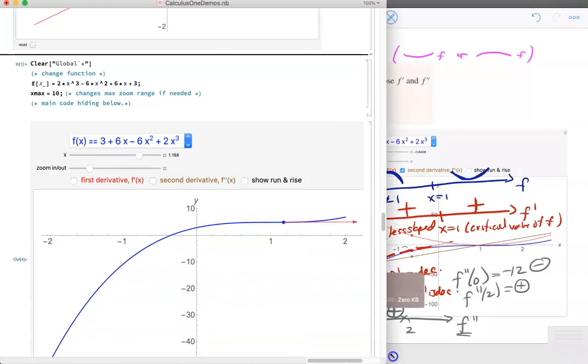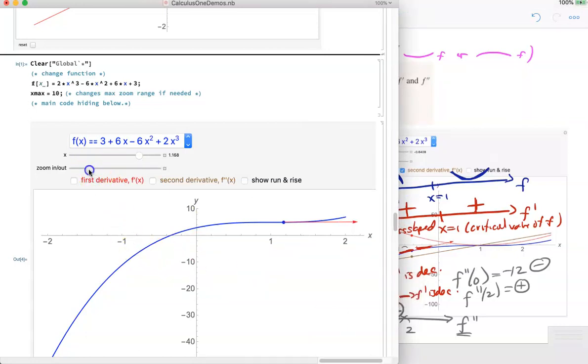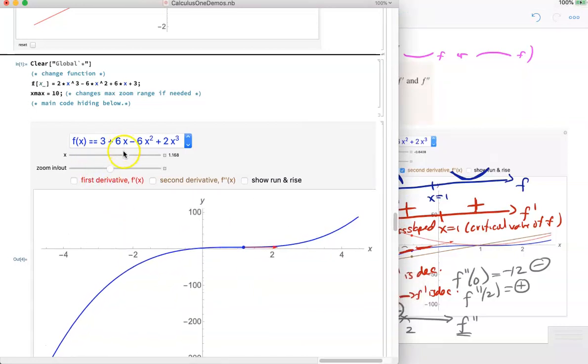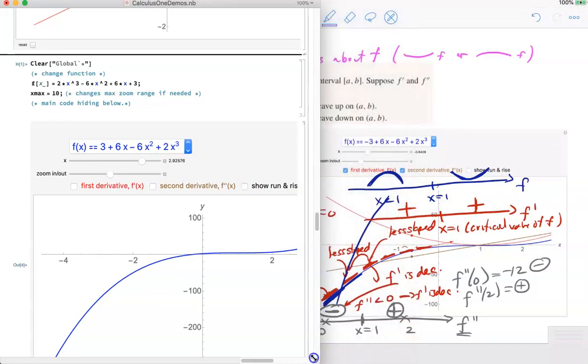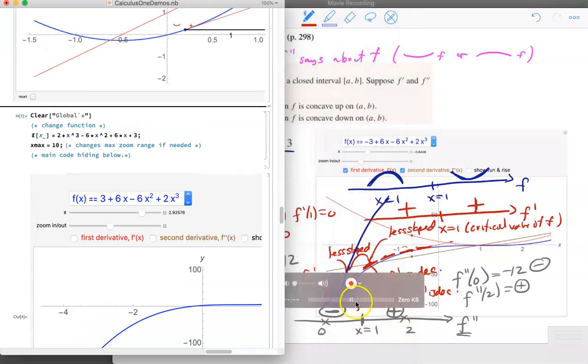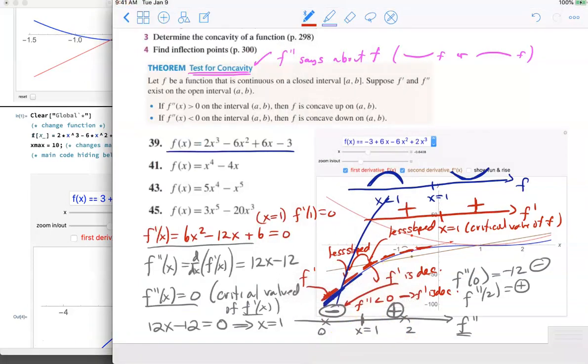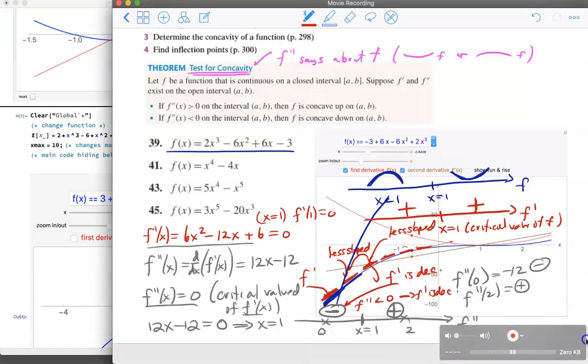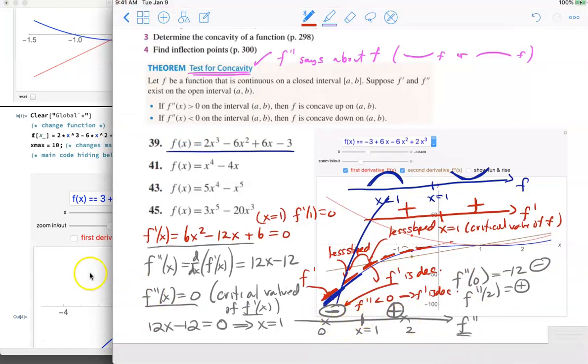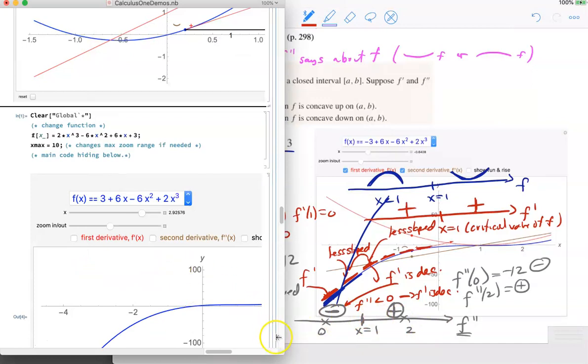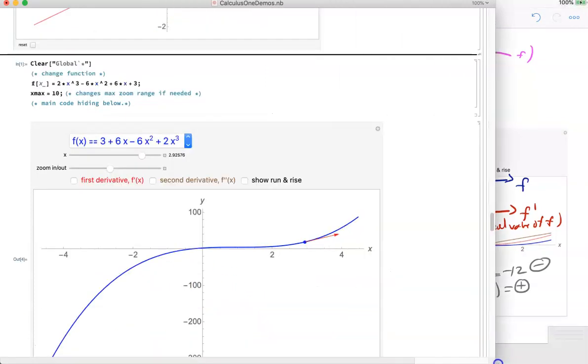But if you extend this graph a little bit further, you will see that the function continues to increase. So the function is always increasing. That's what the two positive signs are meant to show. But we can also see that there is a sign line for f double prime, and that sign line said that the second derivative was negative when x is less than 1 and positive when x is greater than 1.